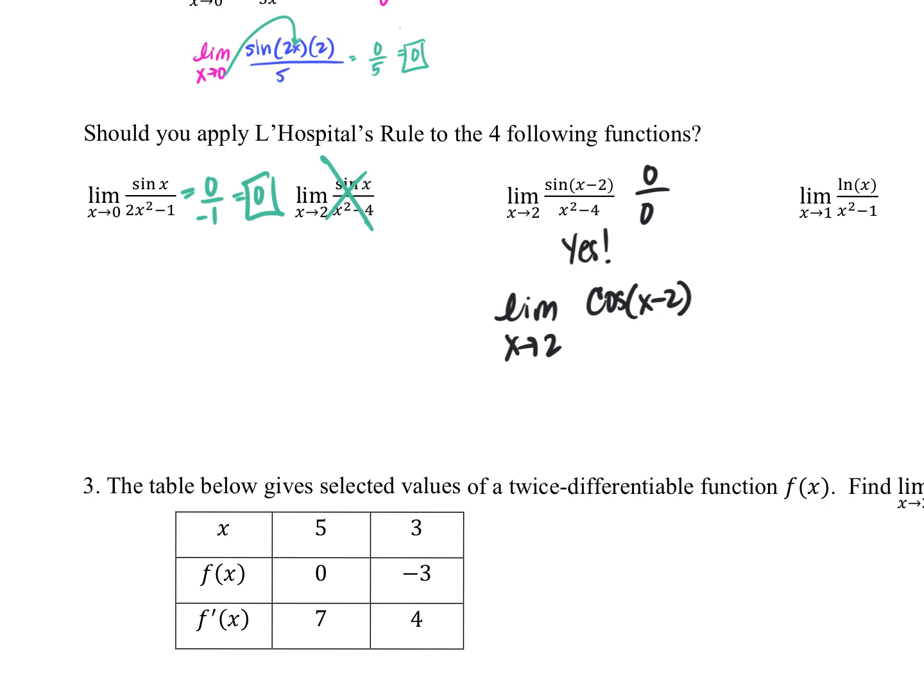Derivative of the angle? 1. Good, so we're done with that. Derivative of the bottom? 2x. When I evaluate my limit now, what's the cosine at 0? 1 over 4. Done. We like L'Hopital's. L'Hopital's is a shortcut for us.